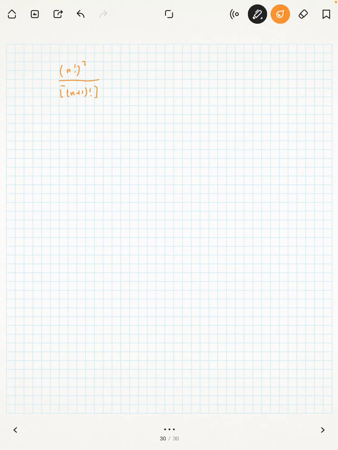So we have n factorial squared over n plus 1 factorial squared. We can use our elementary school knowledge of what squaring means. Let's go back to squaring just means multiply it by itself, right? So n factorial times n factorial over n plus 1 factorial times n plus 1 factorial. Okay, so what is that going to do for us? Remember that when we have an n factorial over an n plus k factorial, we're going to be able to expand out some of the terms.